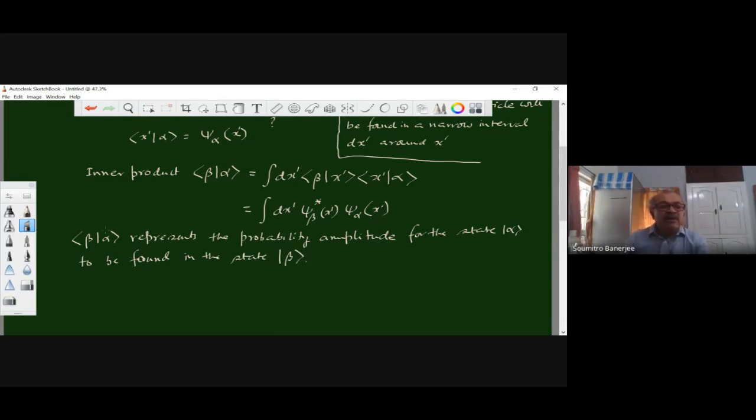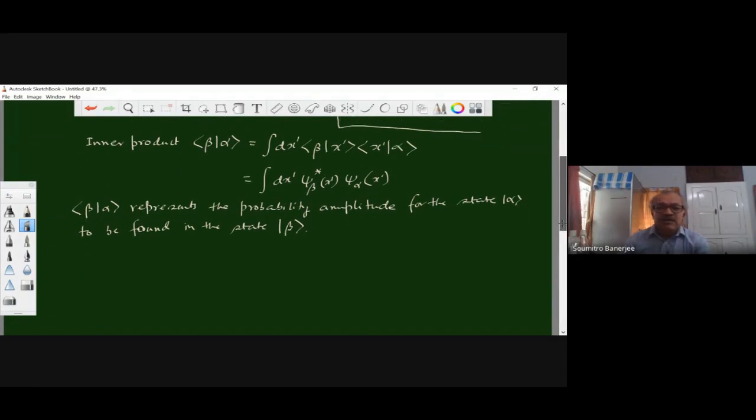Its projection on beta essentially physically means the probability amplitude for the state alpha to be found in state beta, and if this beta is an eigenfunction, then we are essentially computing from here the probability of obtaining a particular eigenvalue related to that particular eigenfunction, the eigenvalue of the operator.